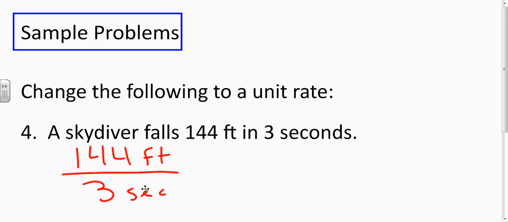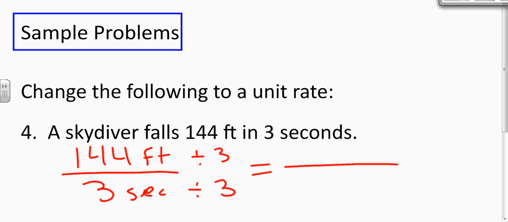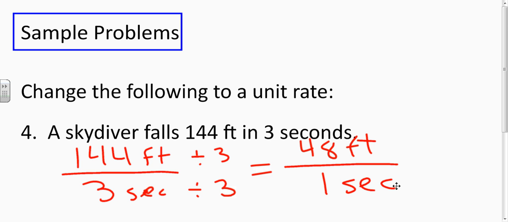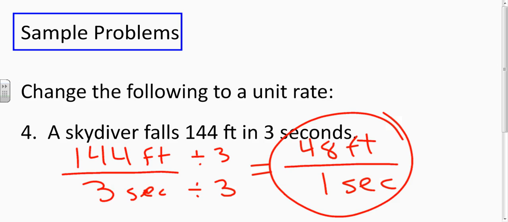So all I have to do is divide the numerator and denominator by that denominator. 144 divided by 3 gives me 48. So this is 48 feet. And 3 seconds divided by 3 is 1. So 48 feet in 1 second is the unit rate.